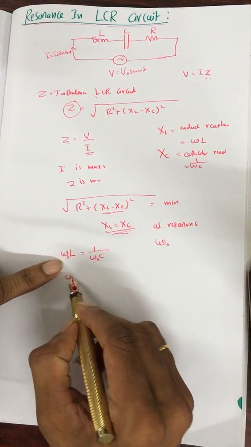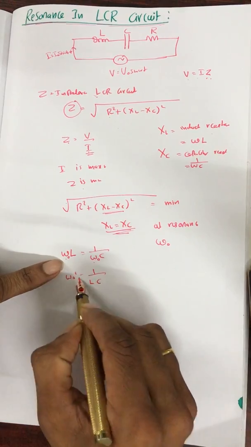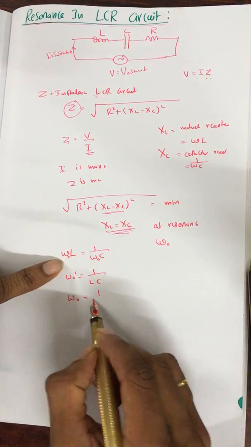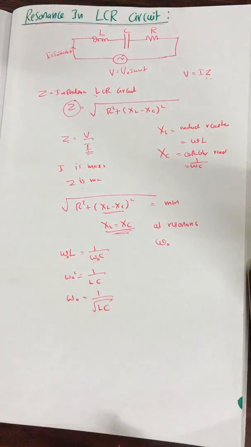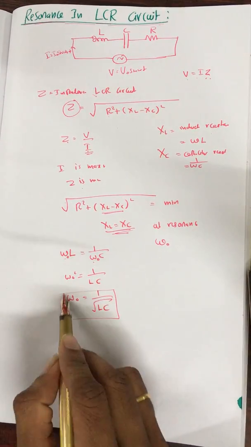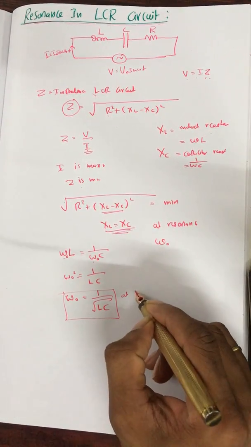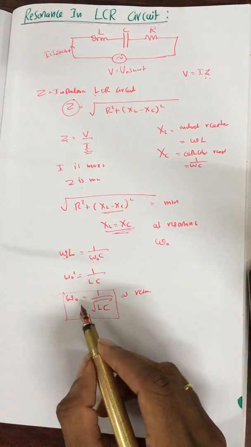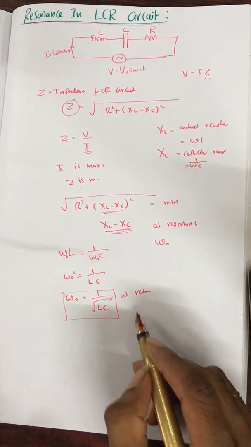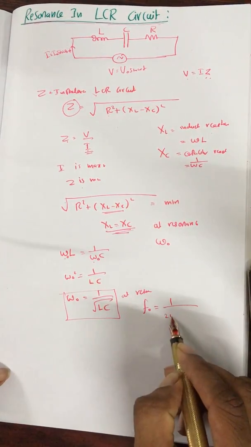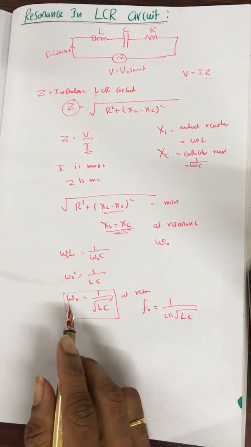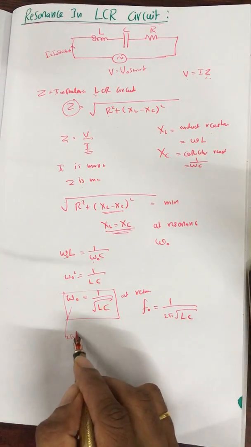So omega naught square is equal to 1 by LC. So omega naught is equal to 1 by square root of LC. Okay. This is the expression for angular frequency at resonance. And if I want to find the resonance frequency, f naught is 1 by 2 pi square root of LC, because omega naught is simply 2 pi f naught.